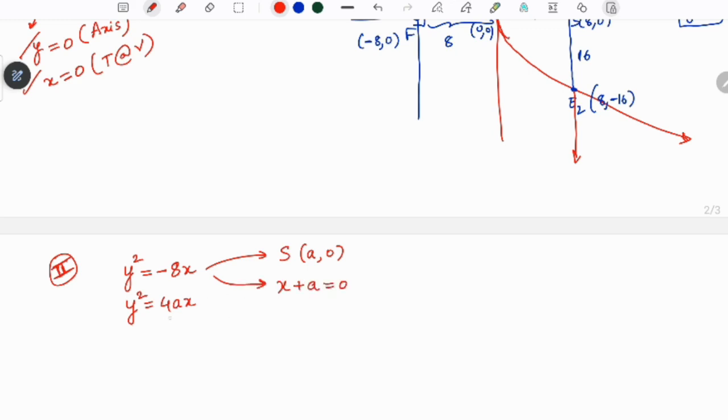If the equation is in this form, whether a is greater than 0 or less than 0, the focus and directrix will be like this. But you should not say the length of the latus rectum is minus 8. What is the length of the latus rectum in this case? It is mod of minus 8. You should say it is 8.